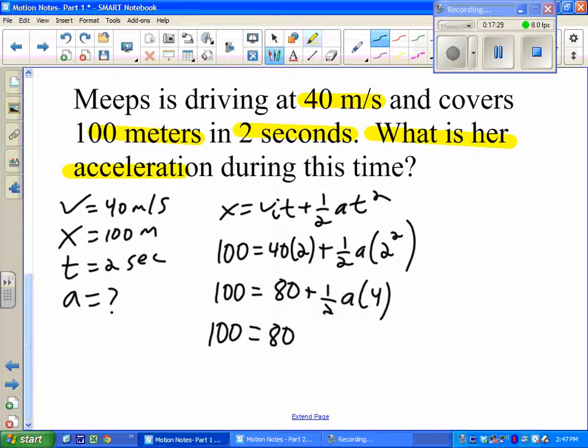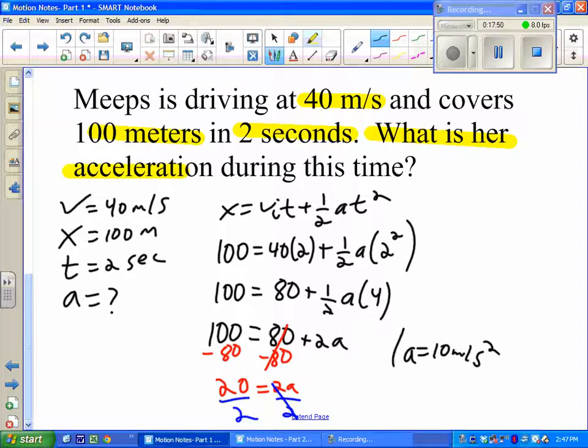Plus 2a. Combine like terms. I get 20 equals 2a. Divide both sides by 2. And we get a equals 10. Awesome. All right, that is going to conclude part 1.